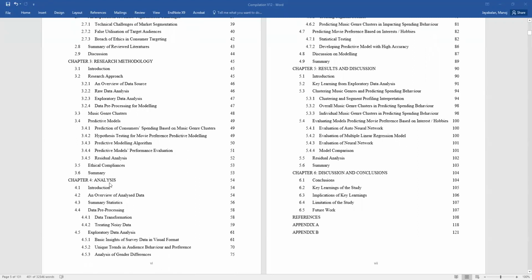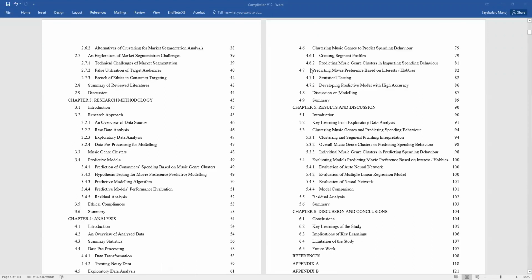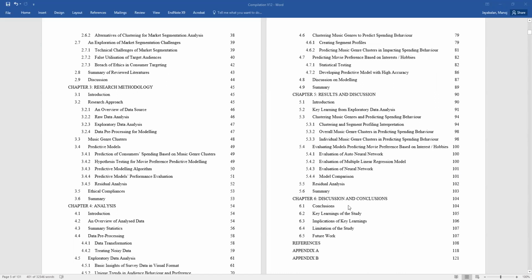In the analysis, she has written about data pre-processing, summary statistics, EDA, and how the clustering algorithms are applied and predictive movie preference based on interest, which is section 4.7. Then you can go to the results and discussion, which is somewhere between 10 and 15 pages. Chapter 6 is about 4 pages.